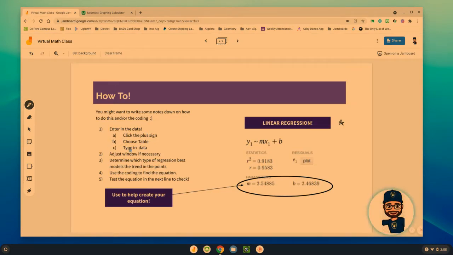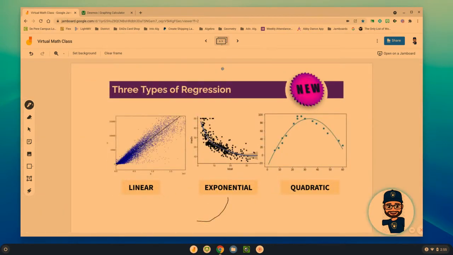As we do that, it's going to plot the information and we need to adjust our window. And then we need to determine, is this linear? Is this exponential? Is this quadratic? We just need to figure out which one of these three it is.